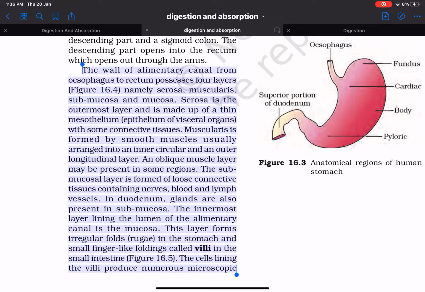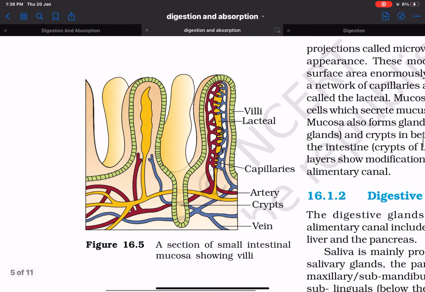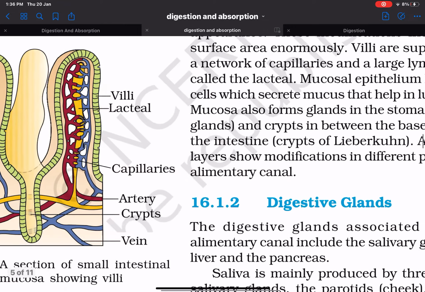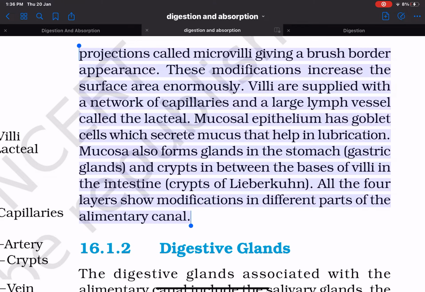The innermost layer lining the lumen of the alimentary canal is the mucosa. This layer forms irregular folds, rugae, in the stomach and small finger-like foldings called villi in the small intestine, Figure 16.5. The cells lining the villi produce numerous microscopic projections called microvilli, giving a brush border appearance.